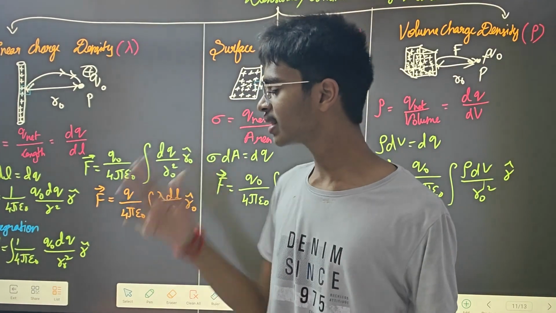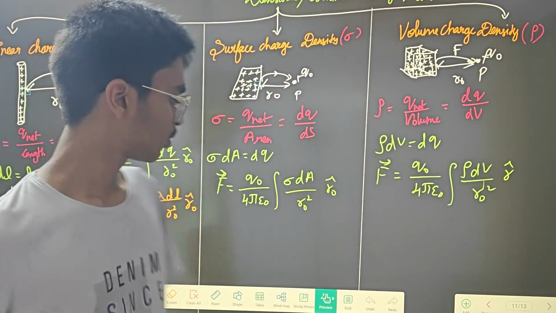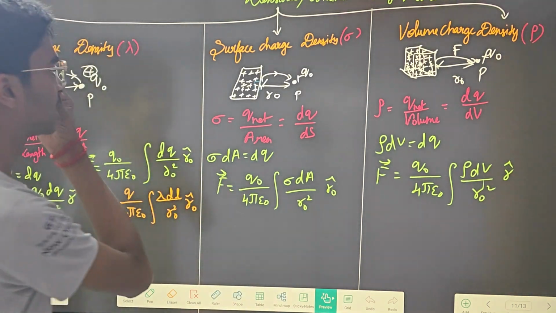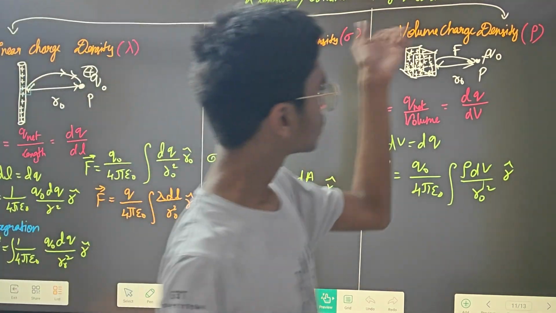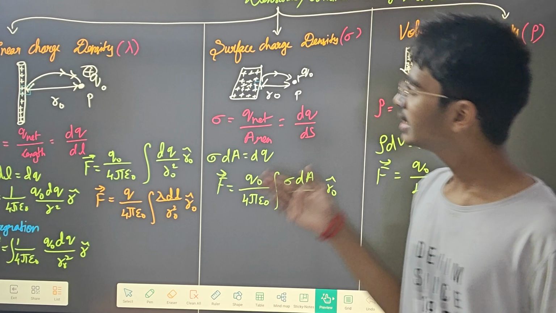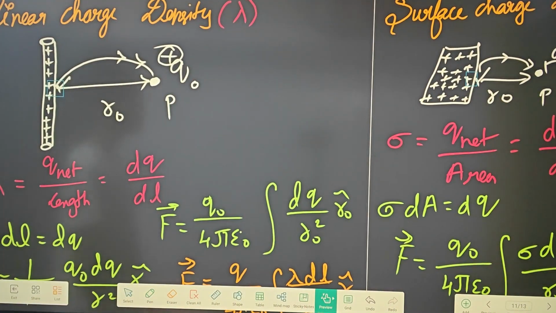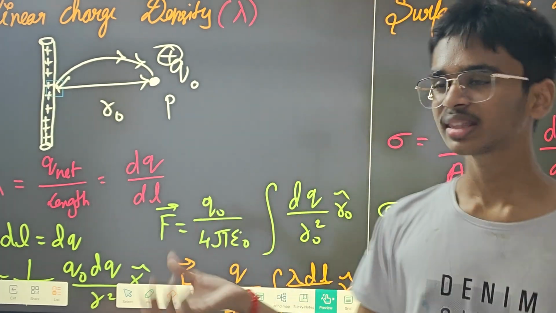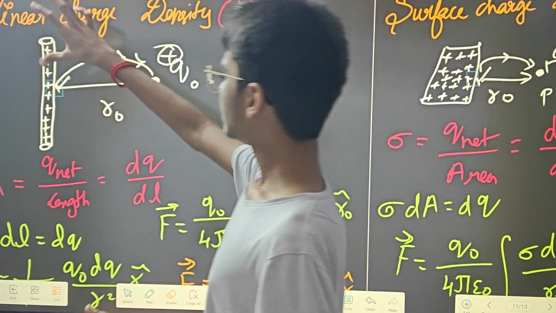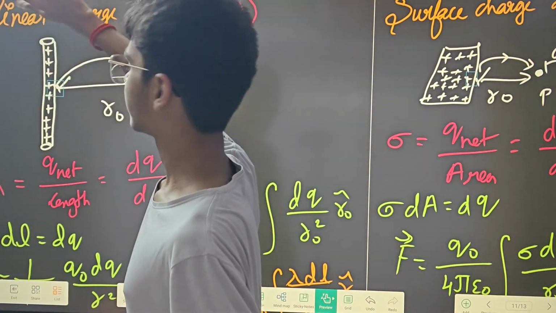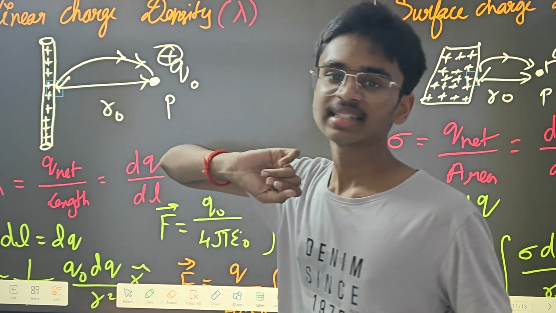First is linear density, second is surface density, and third is volume charge density. For linear density, you have to take a linear thin line, or a thin wire. The charge density with this particular wire is what we call linear charge density.